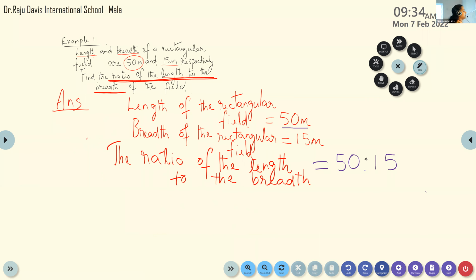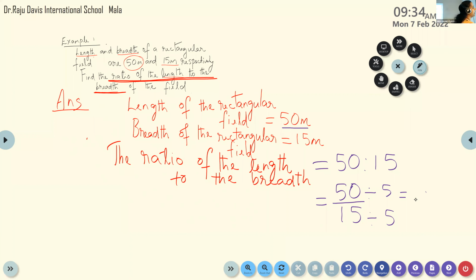That means we have to do 50 divided by 15. Which is the common factor that you can divide both the numerator and denominator with? Five. So when you divide 50 by 5, what will you get? Ma'am, 10.